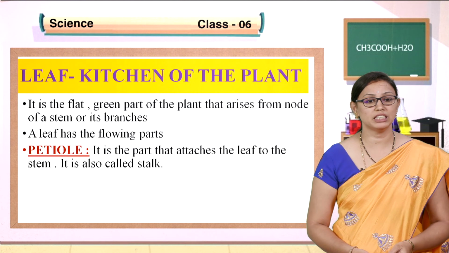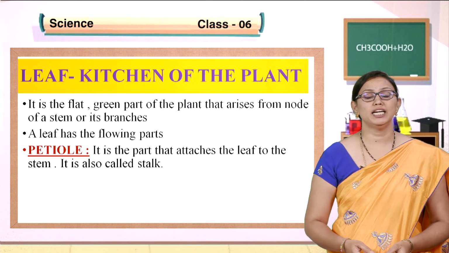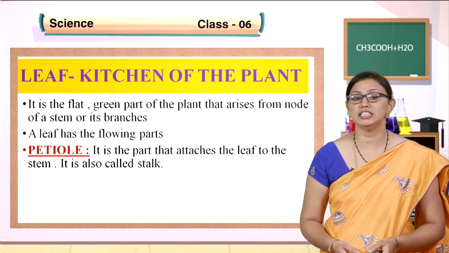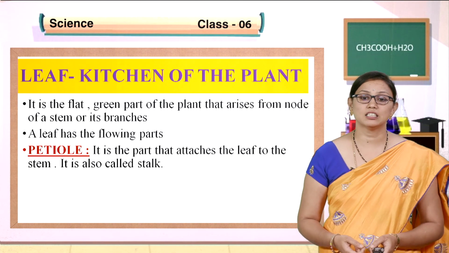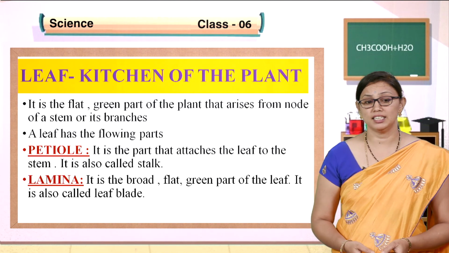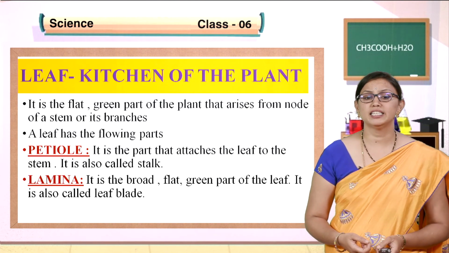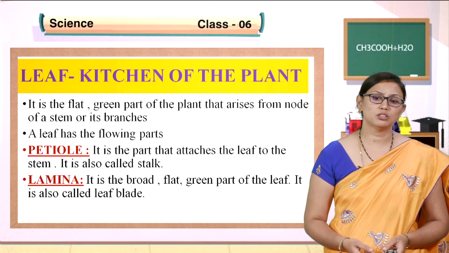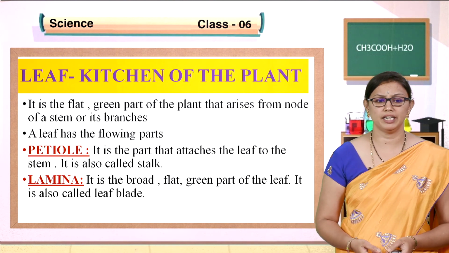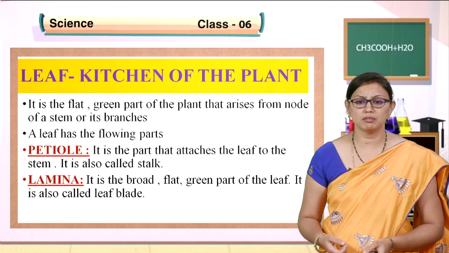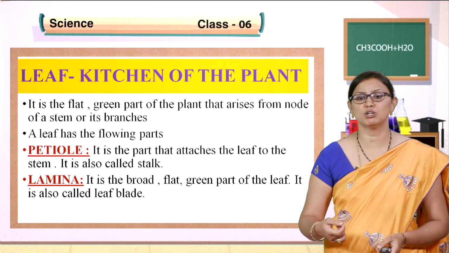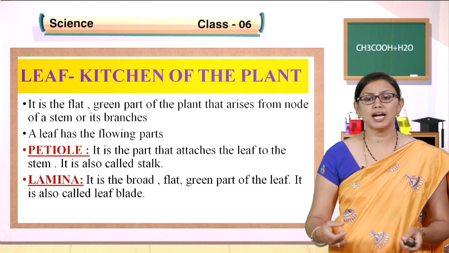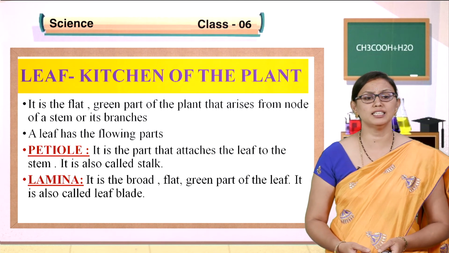The first part of the leaves is called a petiole. It is the part that attaches the leaf to the stem. It is called a stalk. And lamina is the broad flat green part of the leaves. It is also called a leaf blade. So, the stalk we call petiole, and the flat surface of the leaves we call lamina.